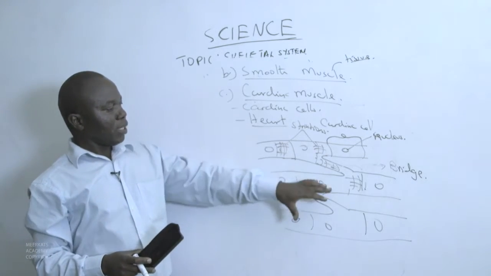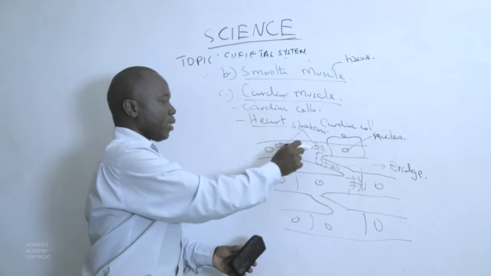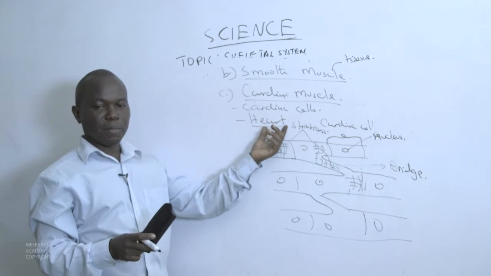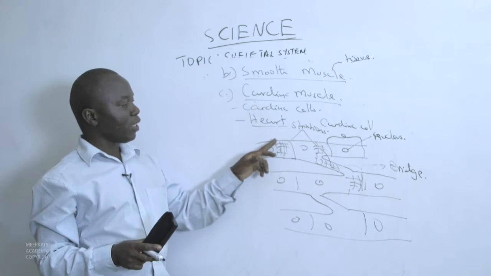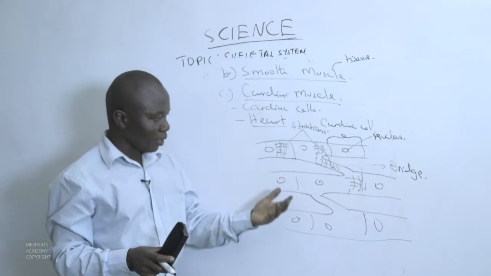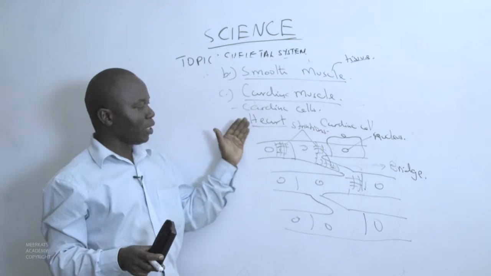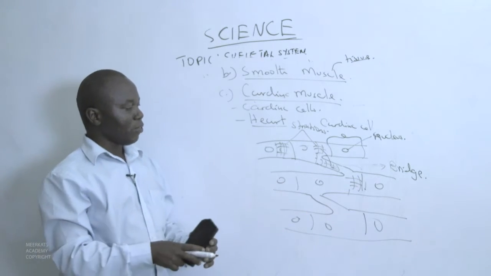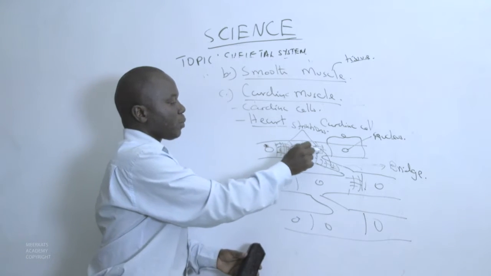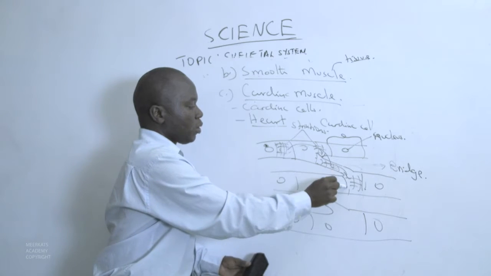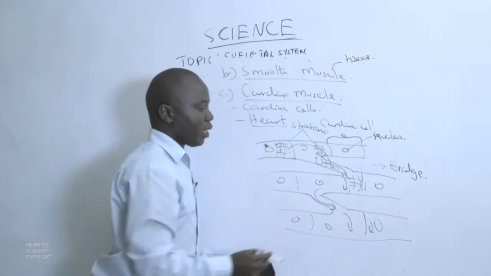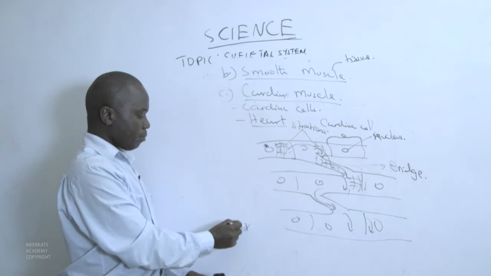The reason why it is highly connected is to spread waves of contraction of the heart muscle. Remember, the role of the heart is to contract and relax so that it can pump blood. For that to happen, the rest of the heart must be involved. So if it began at that point, the cross striation spreads the wave of contraction to the rest of that muscle.